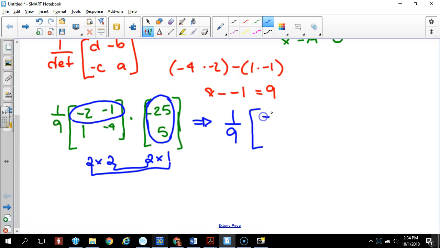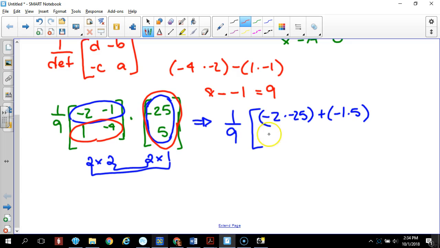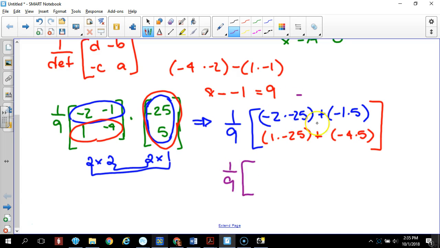So now I have -2 times -25 plus -1 times 5. And then here, I'm going to take this one and multiply it right here. So I have 1 times -25 plus -4 times 5. Okay. So now I'm going to bring down that 1 over 9, and simplify what I've got in here.